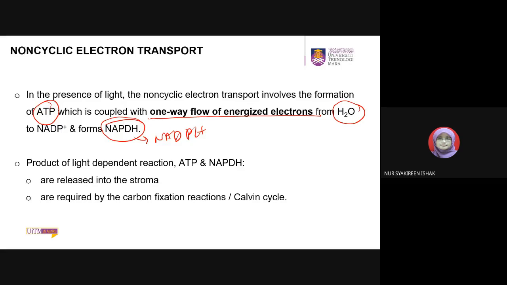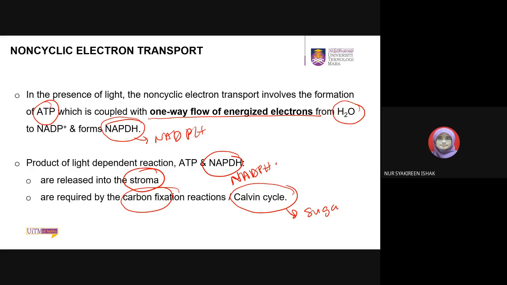Okay, so the products of light reaction, ATP and NADPH, are released into the stroma and are required by the carbon fixation reaction of the Calvin cycle. Okay, Calvin cycle produces sugar. Banyak kali dah cakap ni. Calvin cycle produces sugar, it occurs in the stroma.